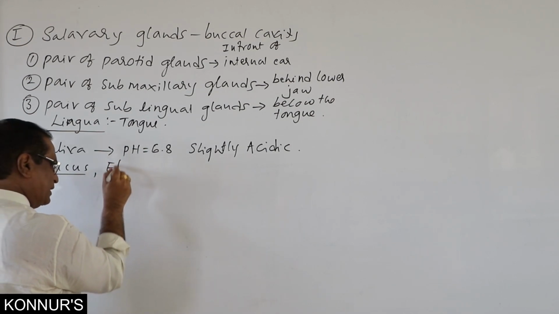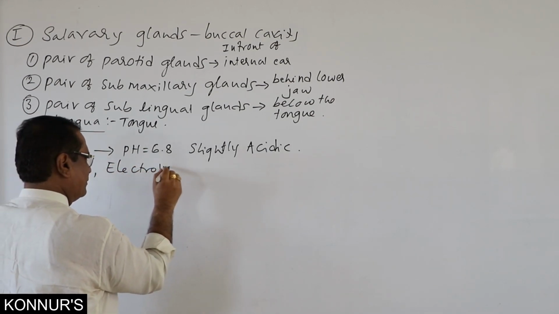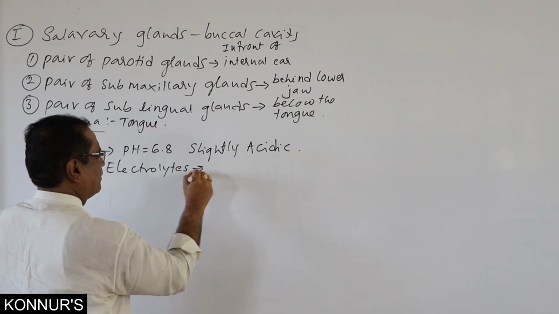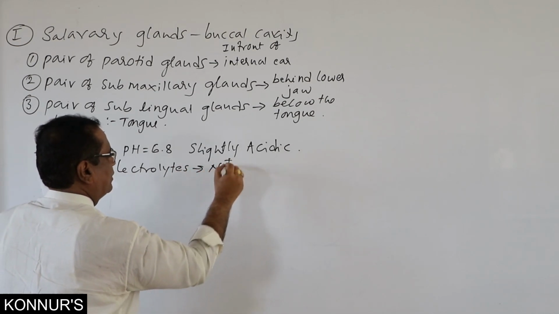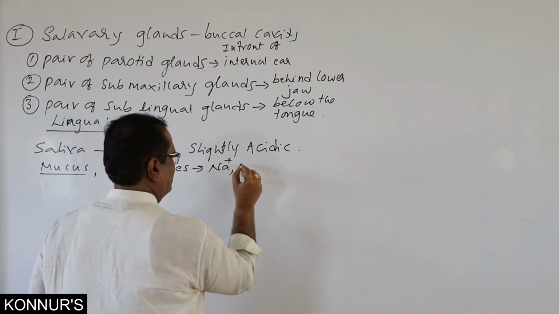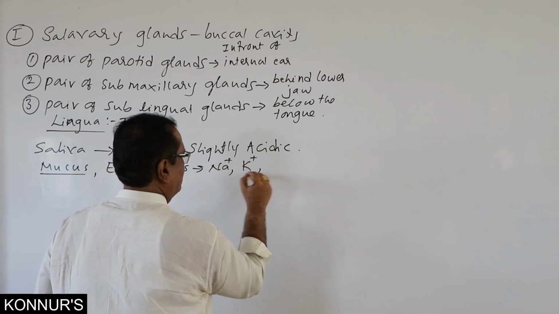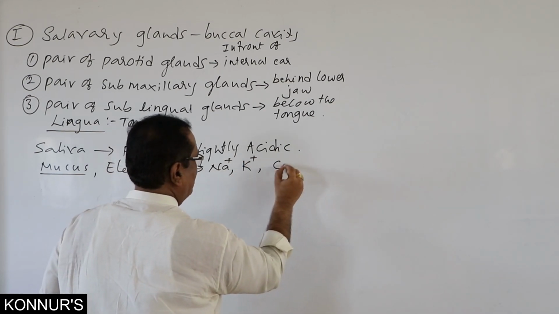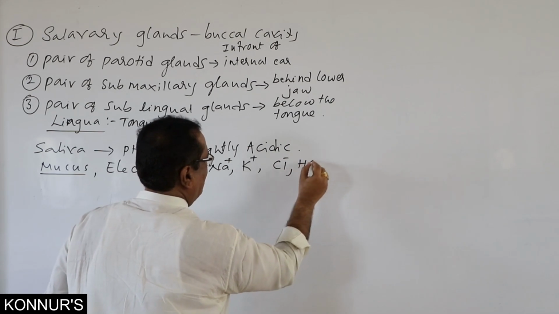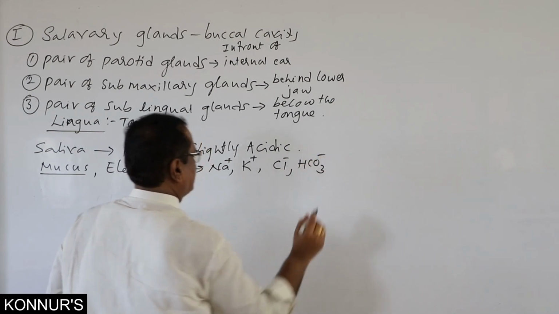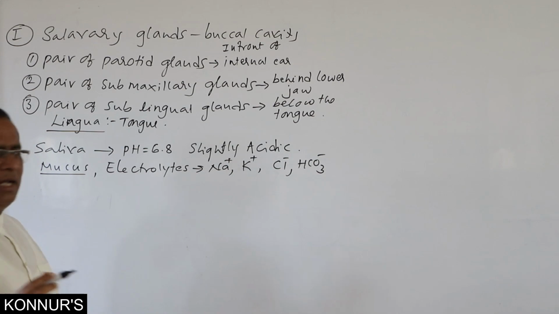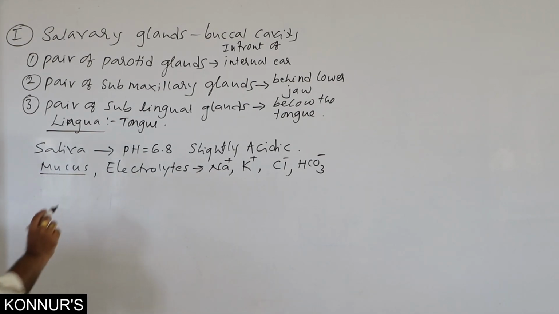And electrolytes: cations like Na+ and K+, anions like Cl- and HCO3-, chloride ion and bicarbonate ion are also present in saliva. And this mucus helps for lubrication.